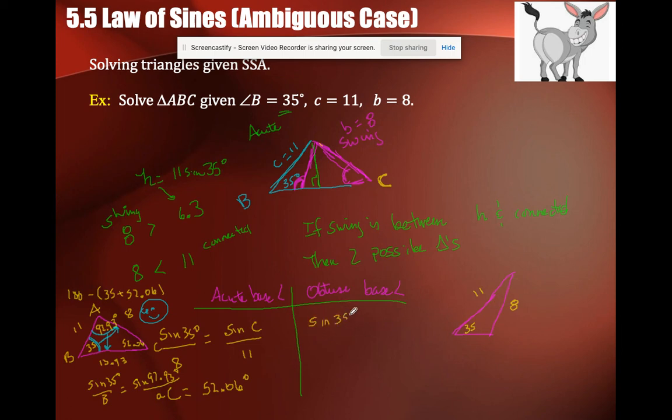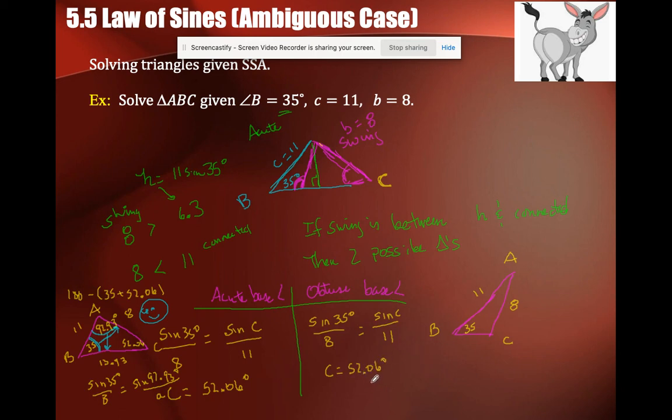Sine of 35 is to 8 as sine C is to 11. Head scratch. How am I going to get something different? When I do this on my calculator, aren't I still going to get C equal to 52.06?